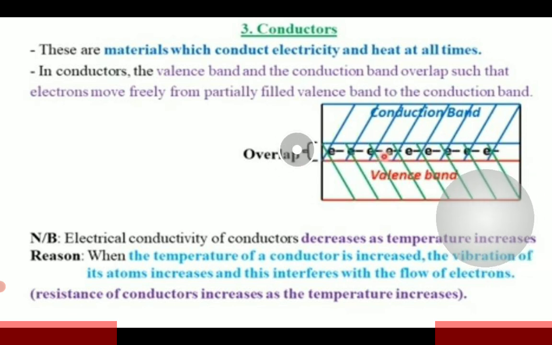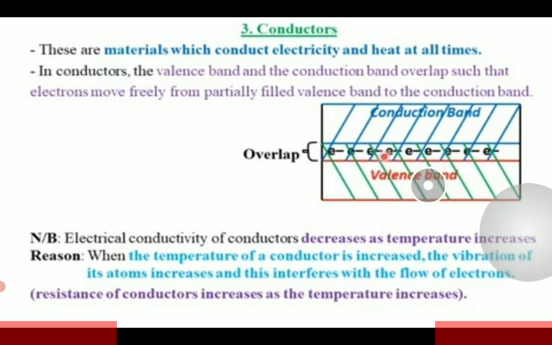There's no gap to separate the valence band and the conduction band. So since the forbidden gap is not there, electrons can easily cross from the valence band to the conduction band. Therefore, conductors conduct electricity and heat.